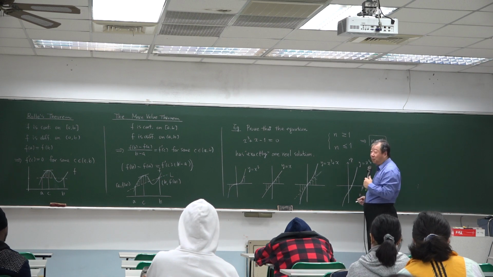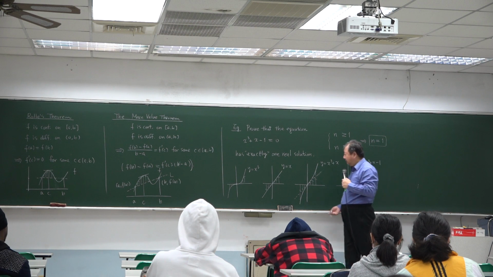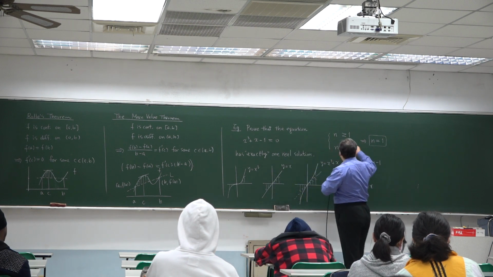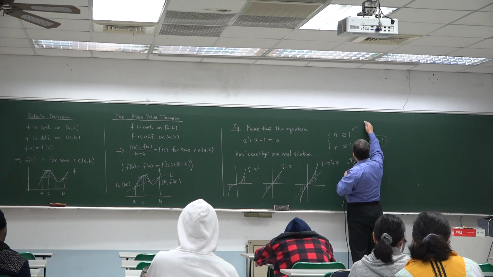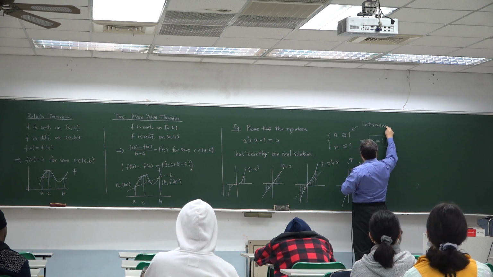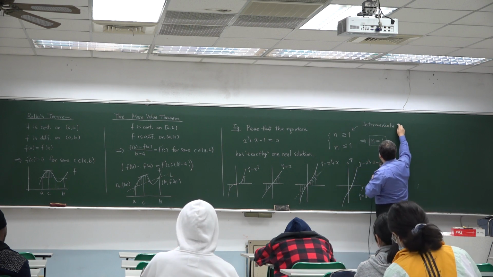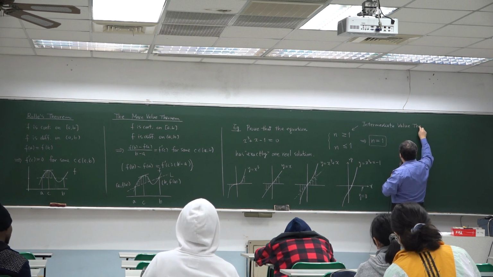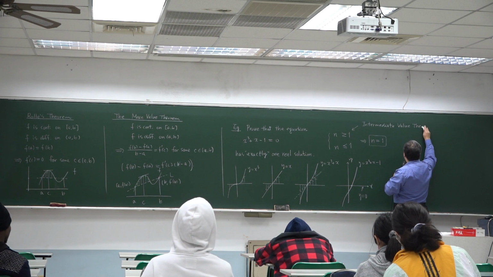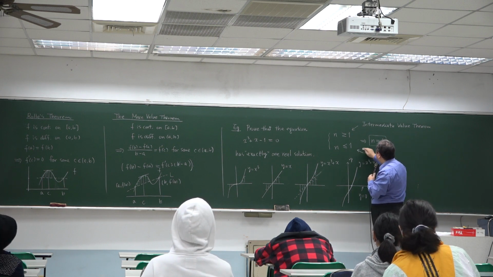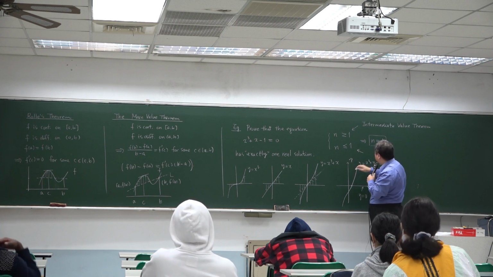So n equals 1. Usually, for at least 1, we use the intermediate value theorem. And for at most 1, we use the mean value theorem or Rolle's theorem.